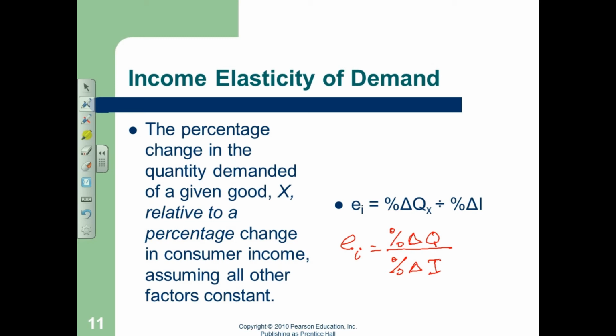We are talking about the automobile industry. Does your demand for automobiles go up also by 5%? Does it go up by more than 5%? Does it go up by less than 5%? That would be the income elasticity, the degree of responsiveness to change in income and its impact on your demand.